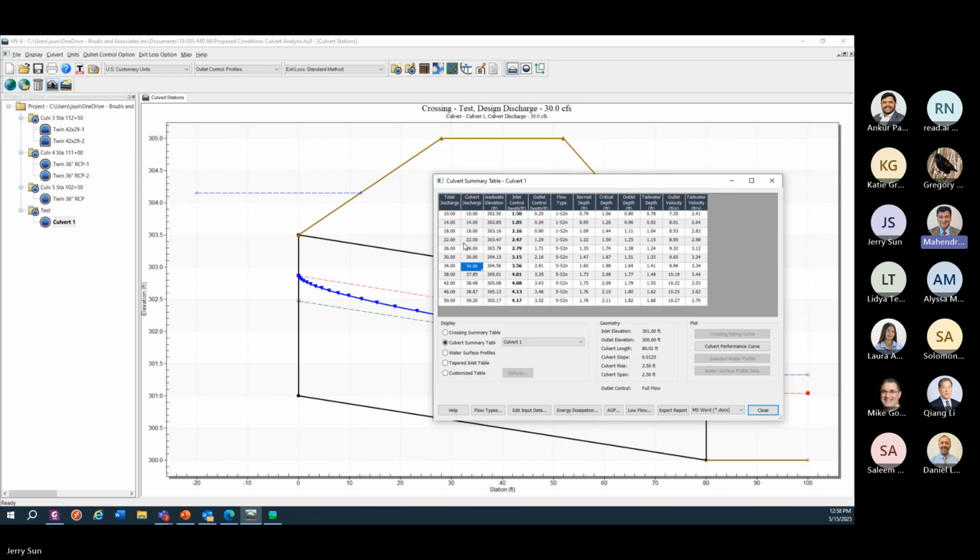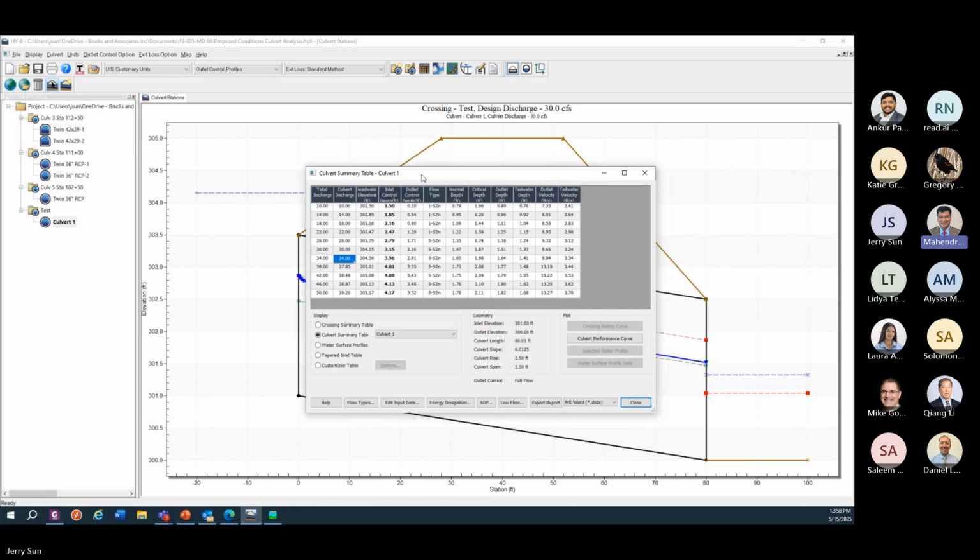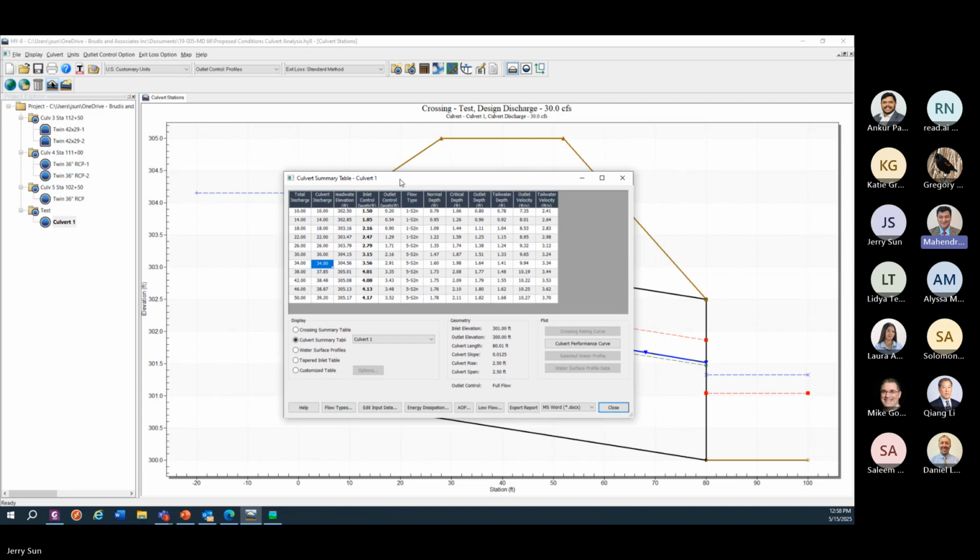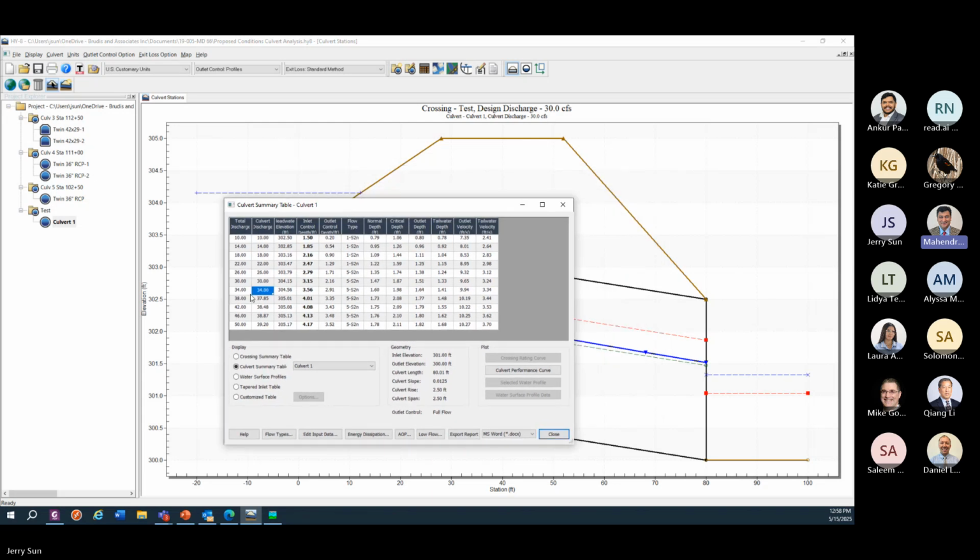And another thing, Jerry, can you show me what tailwater is better in our future projects? How do we use the tailwater, for our engineers' knowledge? Rather than using a fixed tailwater, it's better to give a rating curve. Can you explain that a little bit for our engineers' future knowledge?